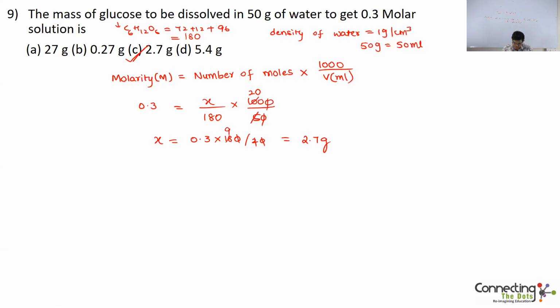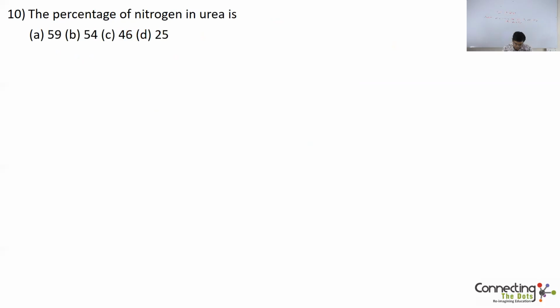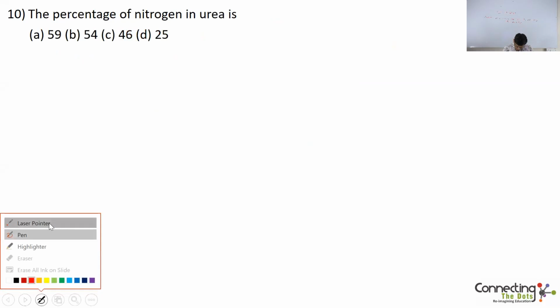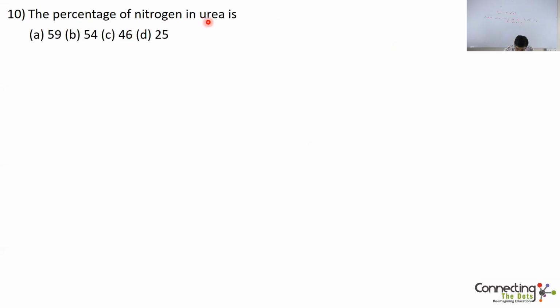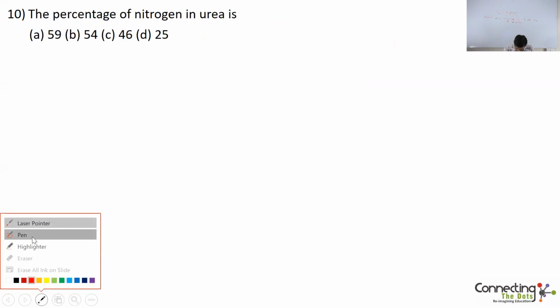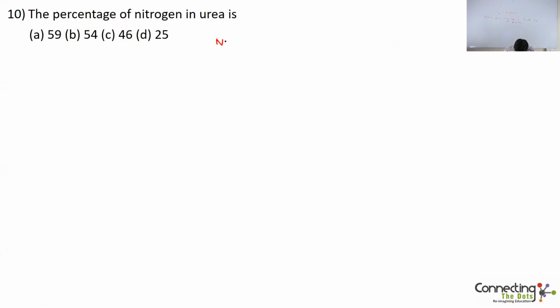Okay, let us look at the next question. The percentage of nitrogen in urea is. To answer this question, we should know the formula for urea. The formula for urea is NH2CONH2, and we can calculate the molar mass.